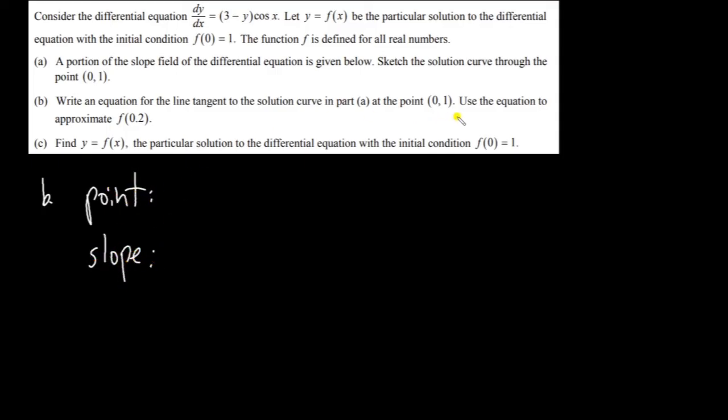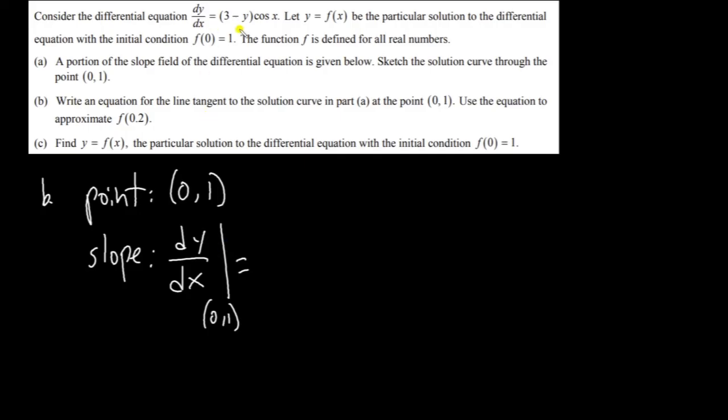Here they gave us the point, (0, 1). Slope is the derivative at the given point. Since we have dy/dx, all we have to do is find the derivative at the point (0, 1).